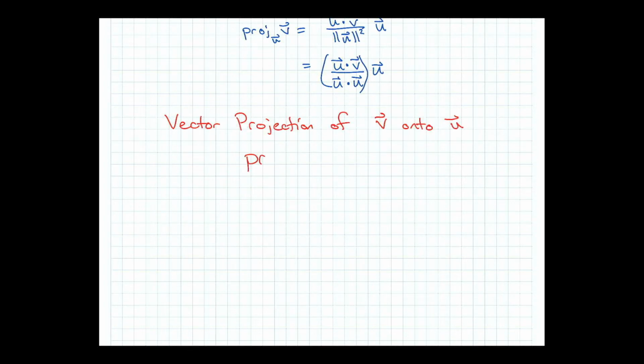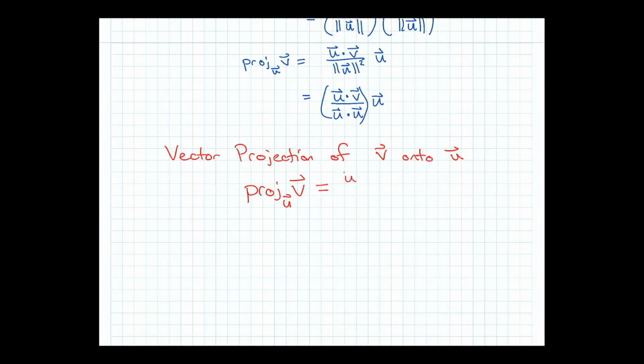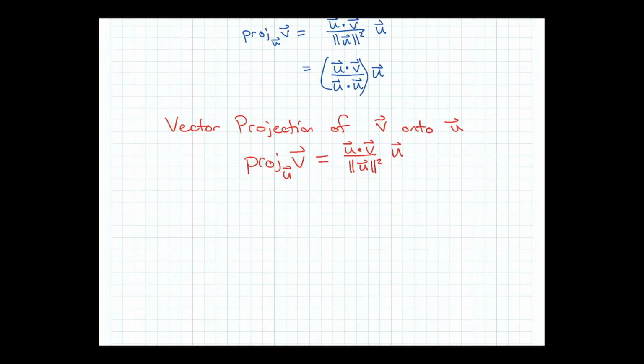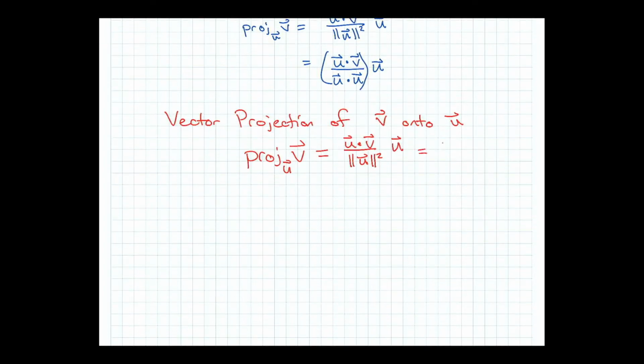It's u dot v over magnitude u squared, times u, or if you want to write it with dot products, u dot v over u dot u, times u.